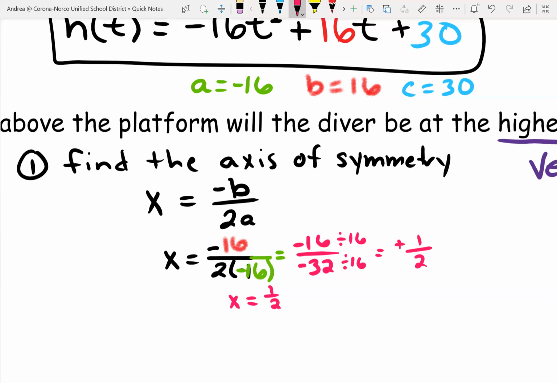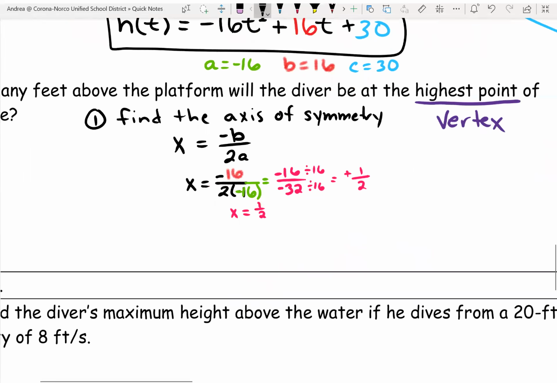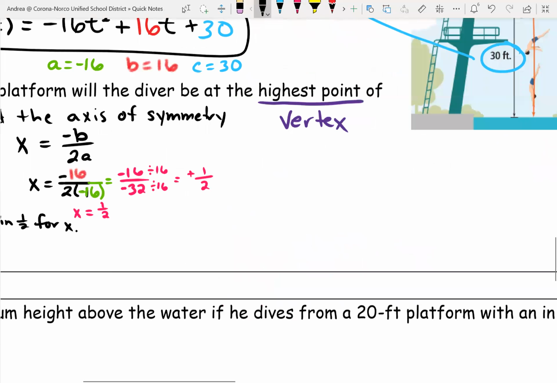Okay. So what's our maximum point? We have to plug it in. So we're going to plug in 1/2 for x and then solve. I'm going to do that over here so I have more room.